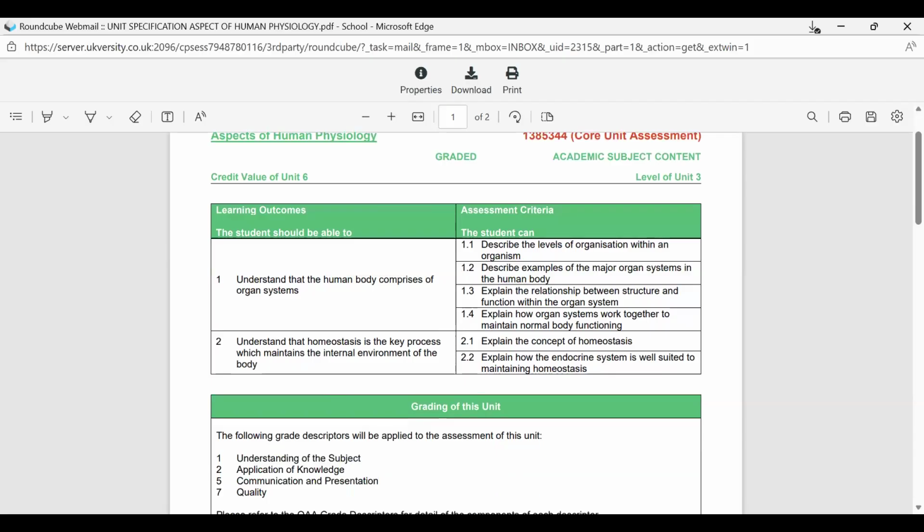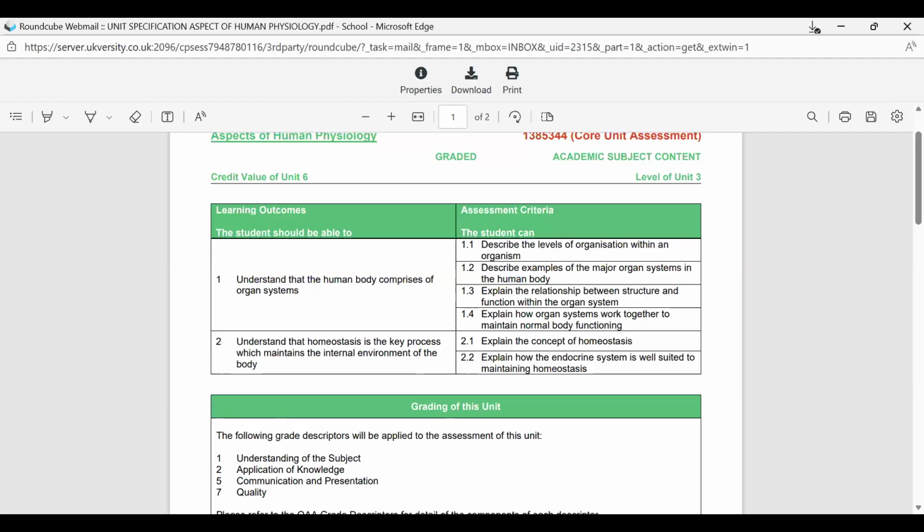The first is to understand that the human body comprises organ systems, and in this unit we look at the levels of organization within an organism. 1.2 is to describe examples of major organ systems in the human body. 1.3 is explaining the relationships between structure and function within the organ system. And 1.4 is explaining how the organ systems work together to maintain normal body functioning.